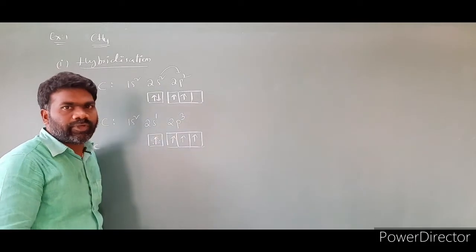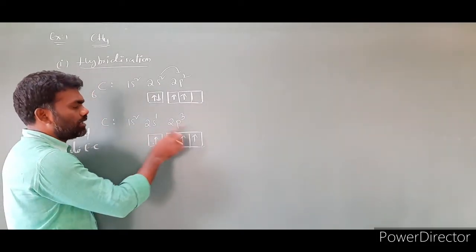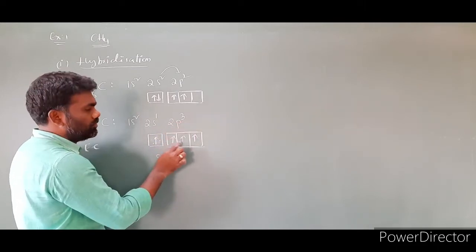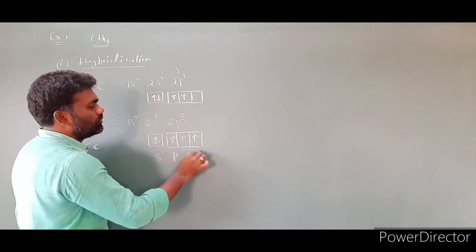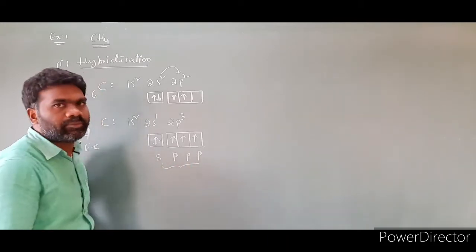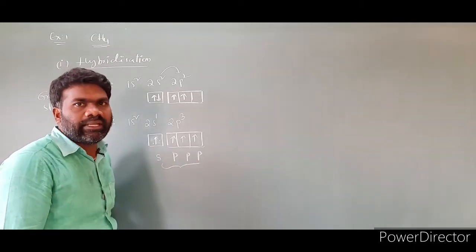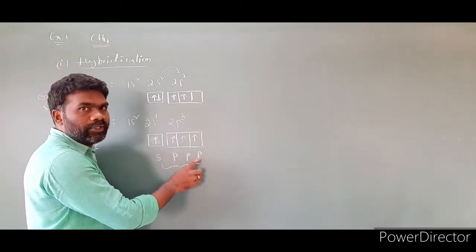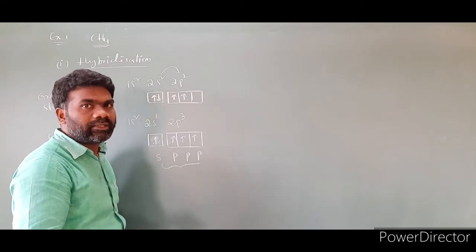After this, what do we have to do? Then we have to take the orbitals. How many are there? 1 s orbital and 3 p orbitals. These are pure atomic orbitals, and we have to intermix them. How many are intermixing? 1, 2, 3, 4. When 4 are intermixed, we will get 4 hybrid orbitals. This is the first one, the second, the third, and the fourth, each sp3 hybrid orbital.